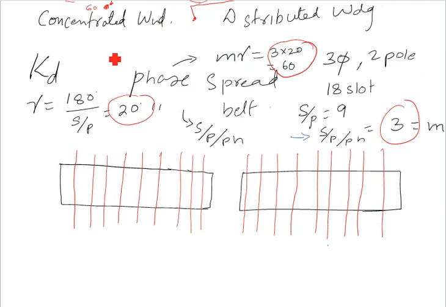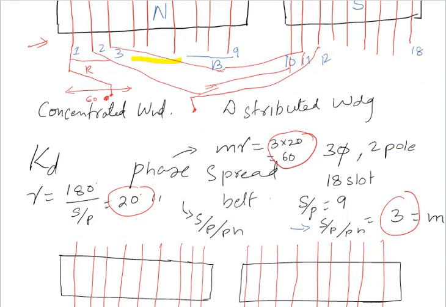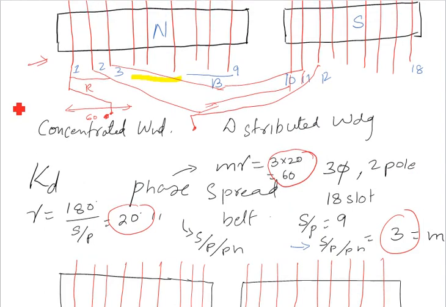Here, the EMF will be induced in 3 windings. The R phase EMF will have EMF in 1, EMF in 2, and EMF in 3.